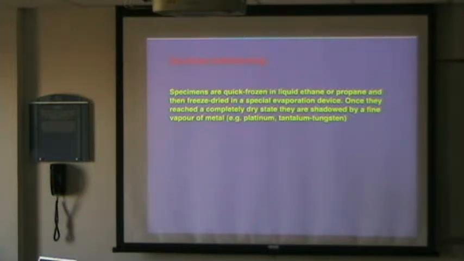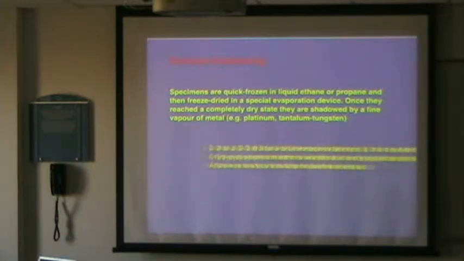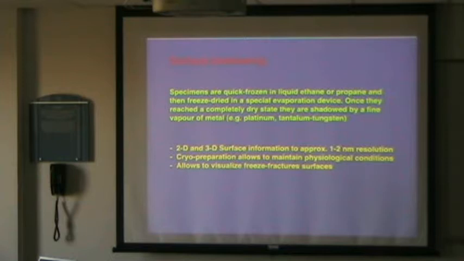And once the whole thing is dried out this way, we're going to shadow it with typically platinum, or for high resolution approaches a tantalum tungsten alloy, which we use. What can you do? Again, you get 2D information, 3D surface information I will call it this time, to approximately 1 to 2 nanometers. Depends a bit on the grain size you can generate.